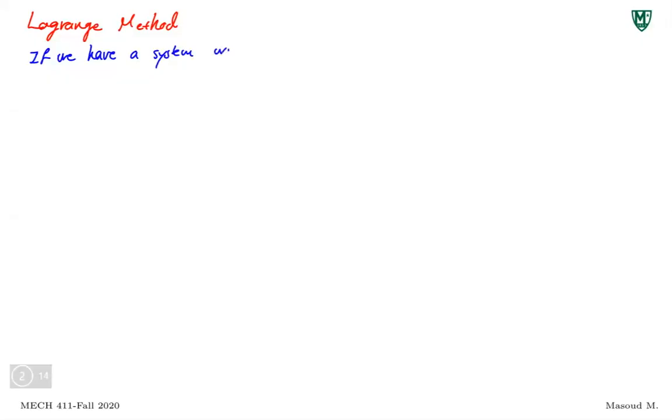So if we have a system, let's say with 2 degrees of freedom, let's call the degrees of freedom P1 and P2. I'm calling them P1 and P2, like X1 and X2, because I want something more general. Instead of X1 and X2, I'm just saying P1 and P2. Just 2 degrees of freedom.